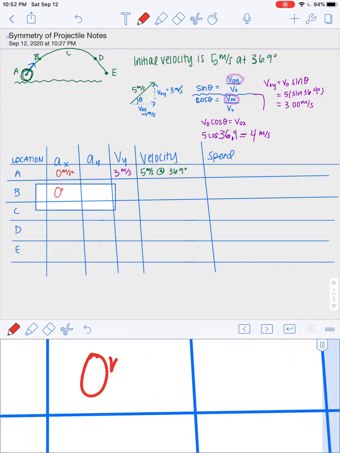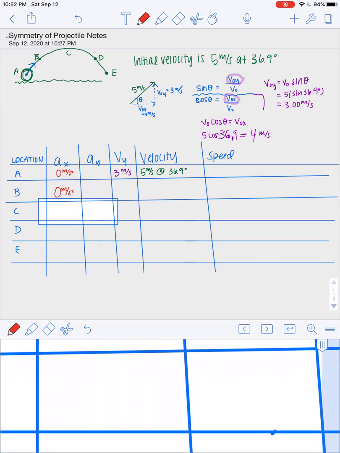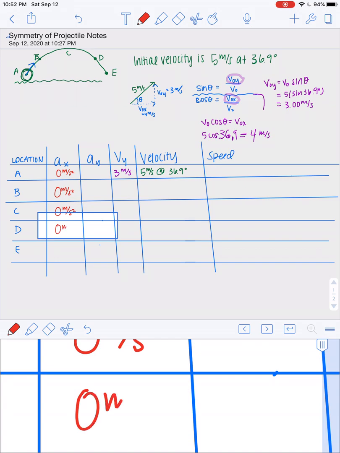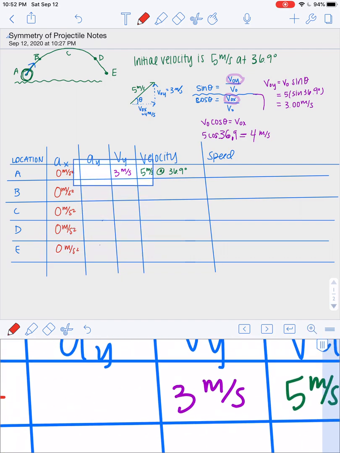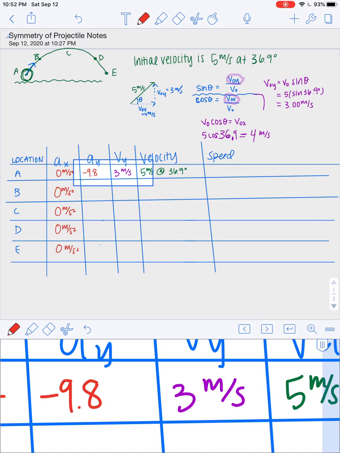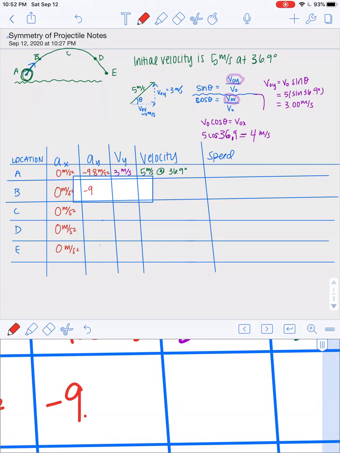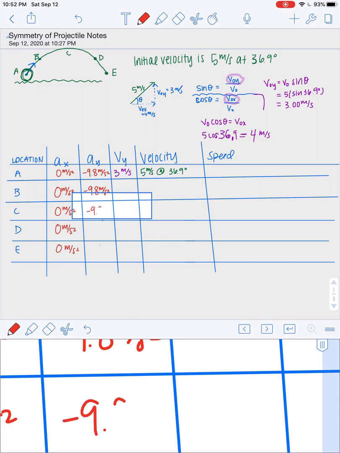But our acceleration in the x direction, so that horizontal motion in projectile motion, is always constant velocity. There's no acceleration in that horizontal direction. There is, however, acceleration in the y direction, and that acceleration is always down, and it is always the magnitude of negative 9.8, because we are in free fall.